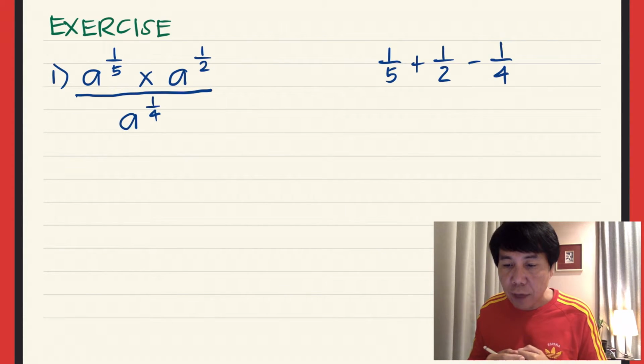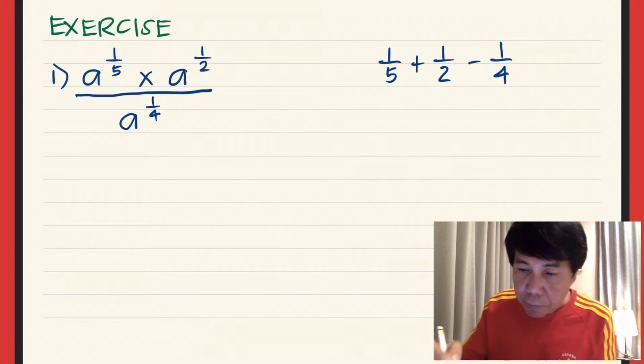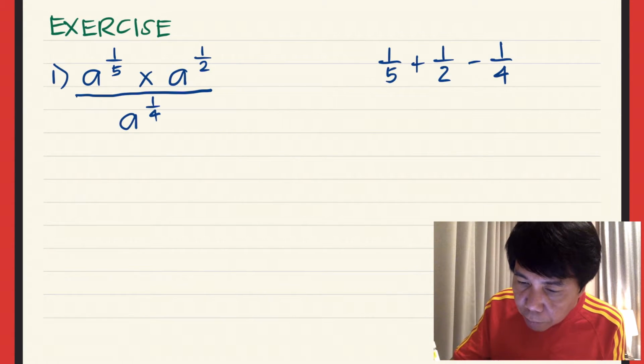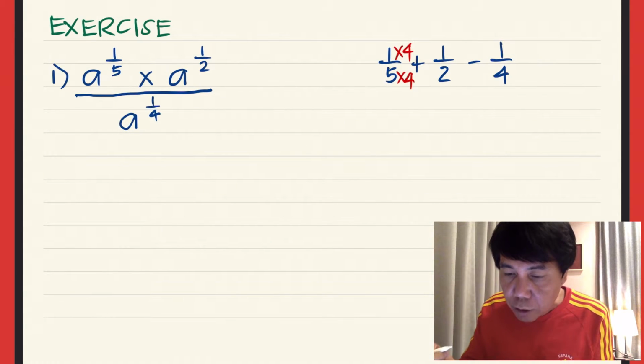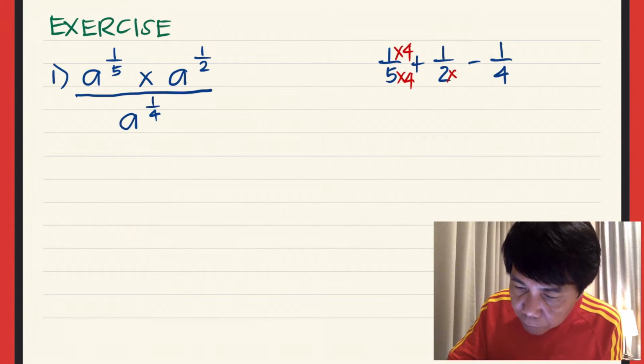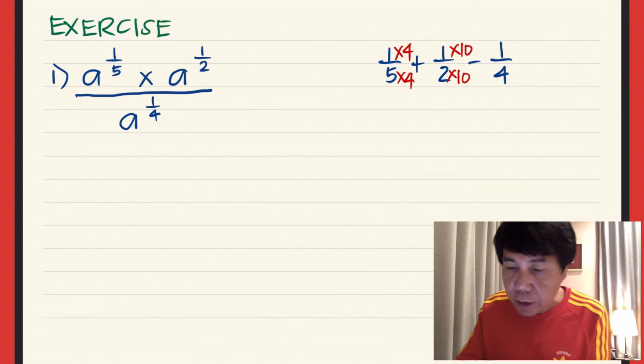So 5, 2, and 4 can be made into 20. I will multiply 5 by 4 to make the denominator 20, so times 4 in the numerator also. For 2, I need to make it 20 also, so multiply this by 10 and the numerator by 10 also.